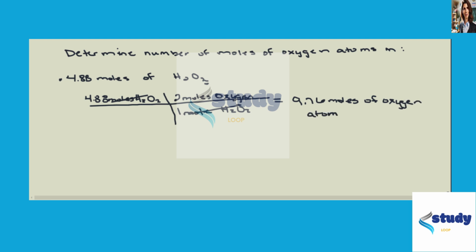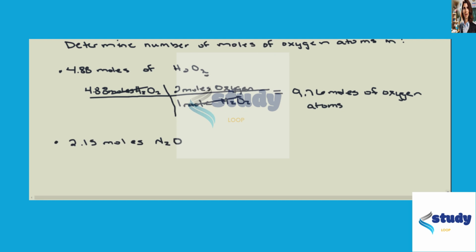Okay, and basically we're going to just do the same thing with every single one of the compounds. So now I have 2.15 moles of dinitrogen oxide, and I want to know the number of moles of oxygen atoms.